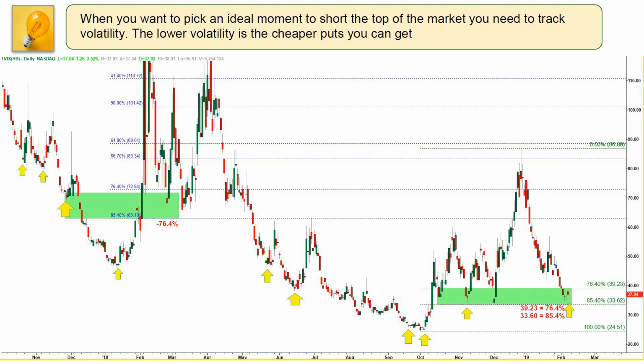Your puts may lose 30-40% of their value in a day. But when you get the doji after an extended move down, that's a sign that bears in volatility are exhausted. That might be an additional confirmation for you when you want to counter-trend the bullish move in the market.